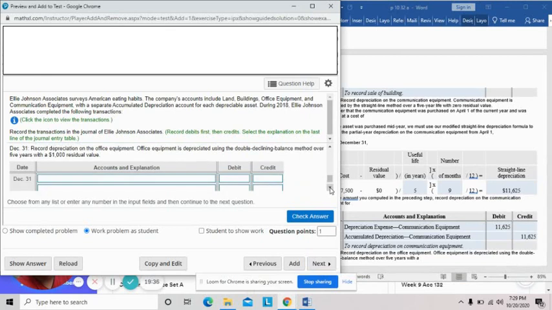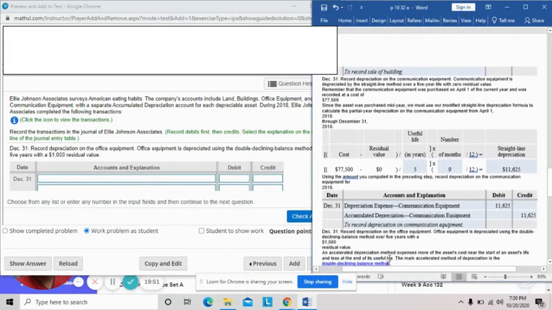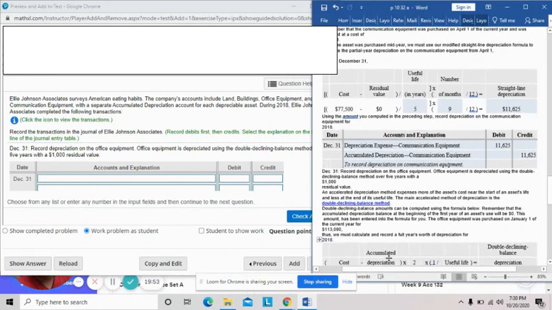Okay, last but not least, December 31st, recording depreciation on the office equipment. Office equipment is depreciated using the double declining balance method over 5 years with a $1,000 residual value. An accelerated depreciation method expenses more of the asset's cost near the start of the asset's life and less at the end of the useful life. The main accelerated method of depreciation is the double declining balance method.